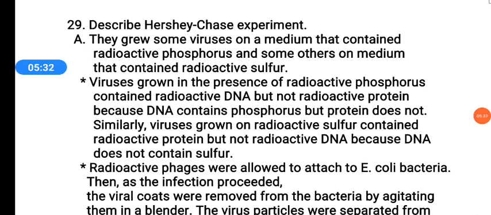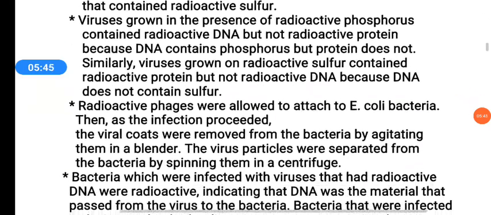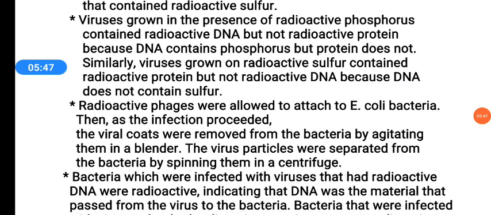Similarly, the virus grown on radioactive sulfur contains radioactive protein, but there is no radioactive DNA, because DNA does not contain sulfur. Then the radioactive phages were allowed to attach to E. coli bacteria as the infection proceeded. So these radioactive phages, nothing but the viruses, attach to the bacteria called E. coli.